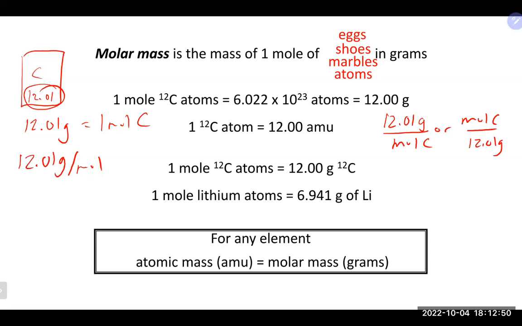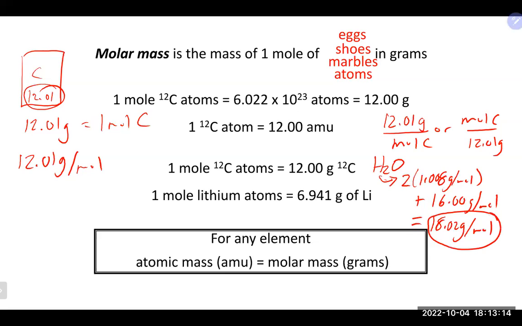We could also use it as a conversion factor for things that are not just atoms by themselves. We could do it for water as well. For water, we would just add up all the parts. So there are 2 hydrogens at 1.008 grams per mole, plus an oxygen at 16 grams per mole, gives us 18.02 grams per mole as the molar mass for water, which once again you could use as a conversion factor of 18.02 grams per mole for water.